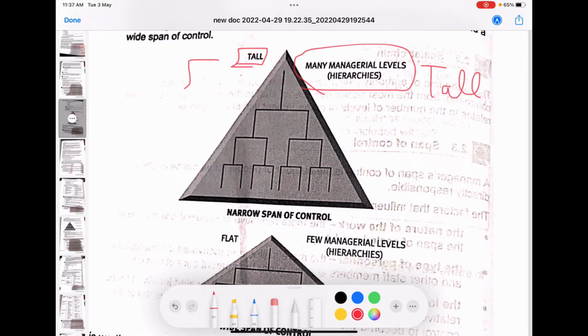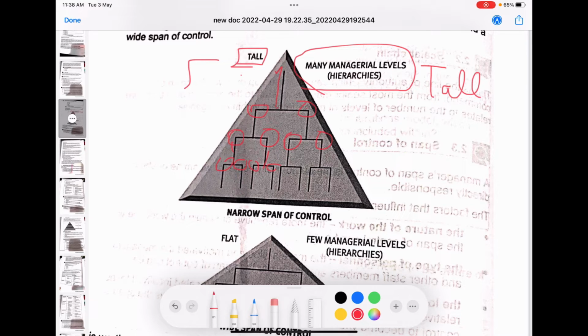But see, for example, one person is responsible only for this and this. He's responsible only for this and this. So what have we seen in a tall organization? The scalar chain is tall, yes, and the number of people one controls is less.